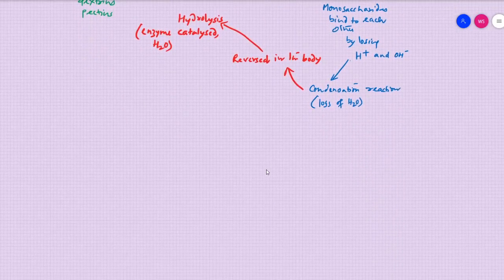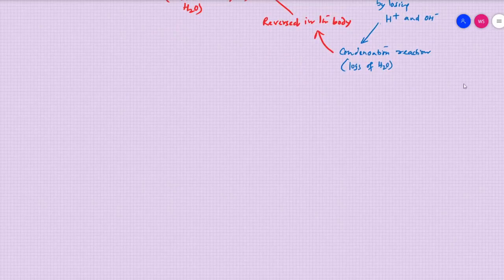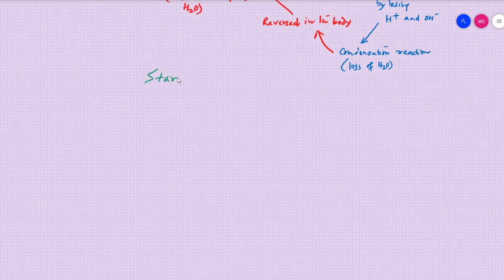Now that we are with starches, let's look at starches. The way they are digested in the body, the digestion begins in the mouth. And which is the enzyme in the mouth? You're absolutely right, ptyalin.